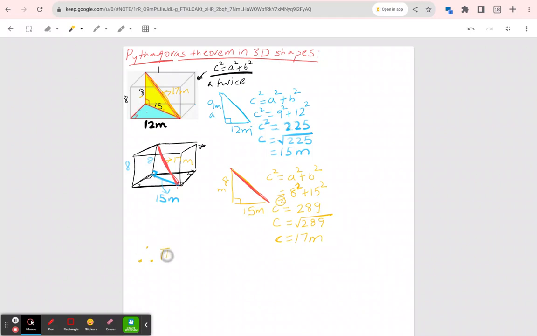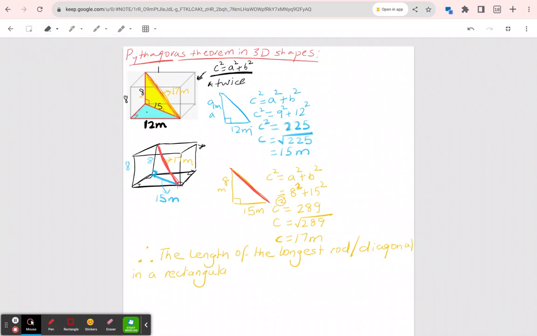Therefore, the length of the longest rod, or diagonal, sorry, in a rectangular prism, or in the above.